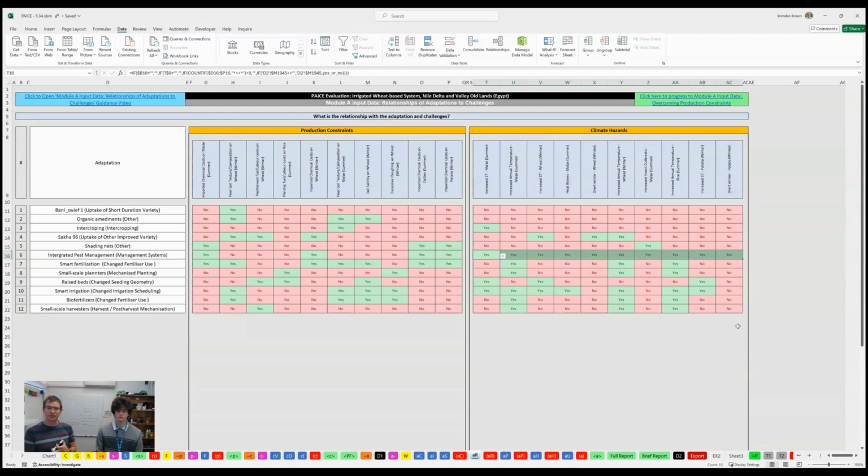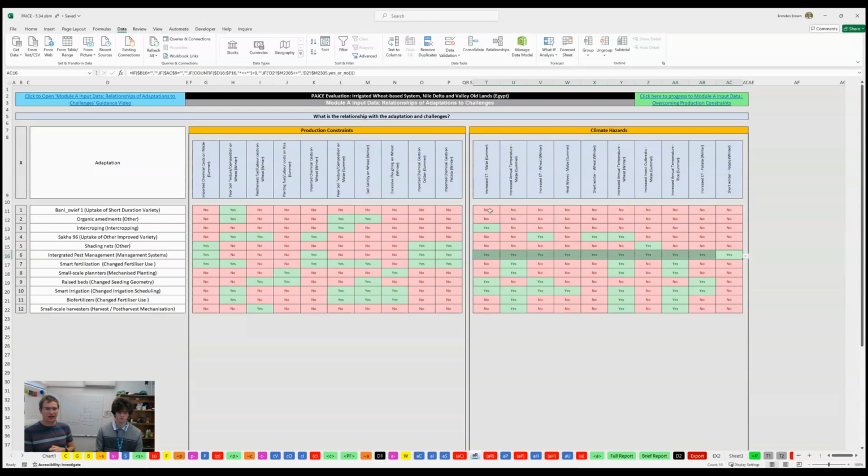The other thing is, it's really unlikely that an adaptation would address all 10 production constraints or all 10 climate hazards, because it would just mean that it's a silver bullet that solves everything. So in cases where you think that it does actually go across all of the challenges, think about, are they direct relationships as well? Because it is really unlikely. It might be possible, but it's really, really unlikely.